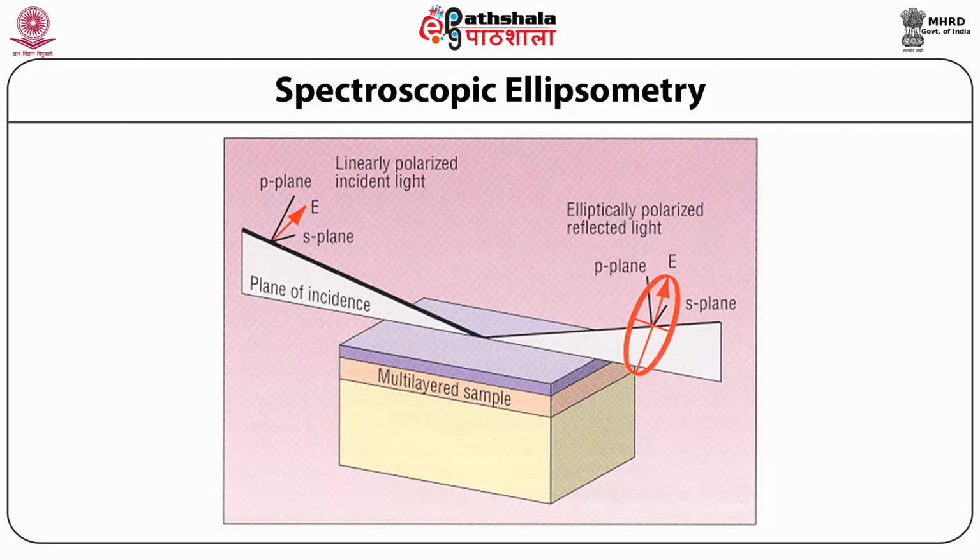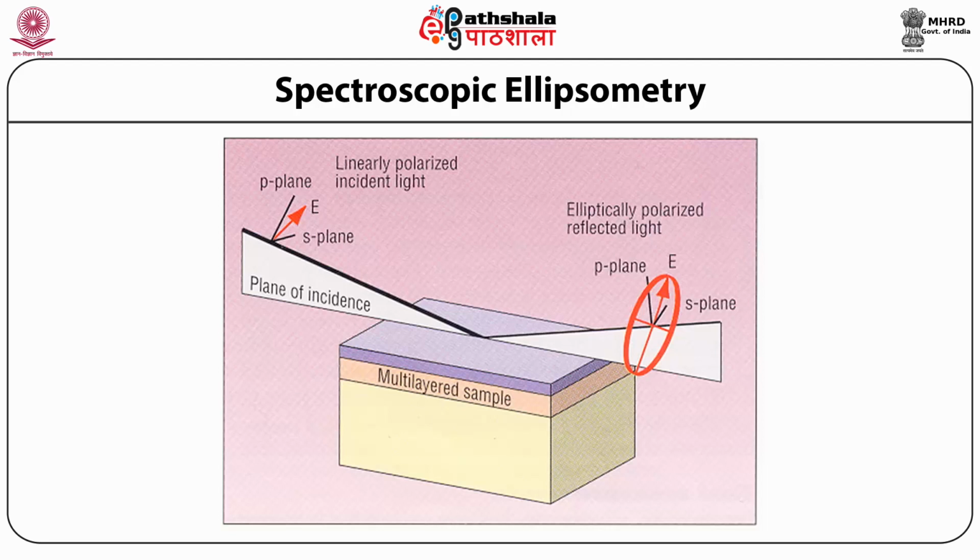Here the technique measures a relative change in the polarization and is therefore not dependent on absolute intensity as long as the absolute intensity is sufficient. This makes ellipsometric measurement very precise and reproducible.